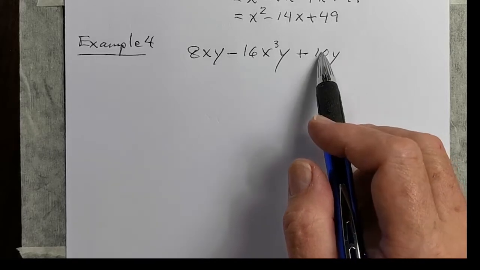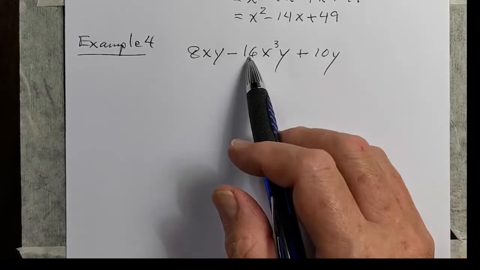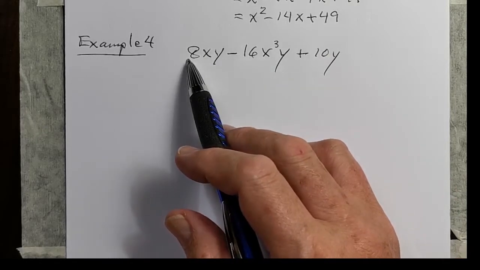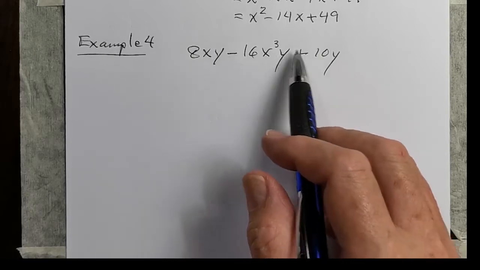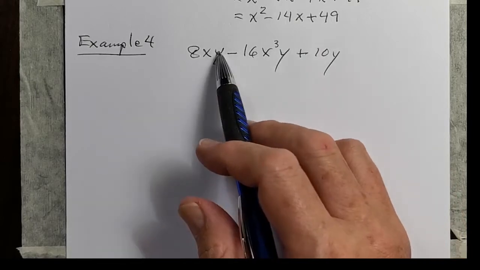You see that 2 goes into each of these. 2 into here 5, 2 into here 8, 2 into here 4. So we can factor that 2 out front. However, there's also a y in all of them. One power of y here, one here, and one here.